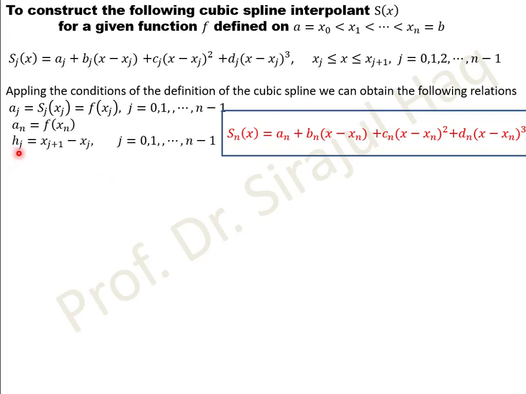What is hj? I will be using hj. This is the step size between xj and xj plus 1. It's not necessary that the data will be equally spaced, and that's the reason we use a subscript for hj. h0 is equal to x1 minus x0, h1 is equal to x2 minus x1, h2 is equal to x3 minus x2, and so on. hn minus 1 is equal to xn minus xn minus 1, and that's the reason I'm going up to n minus 1.